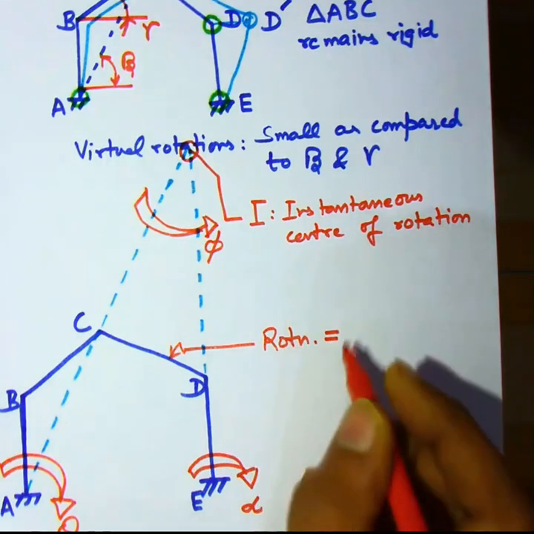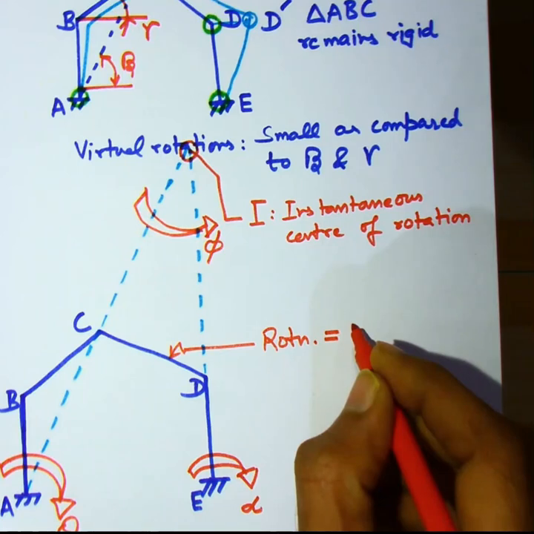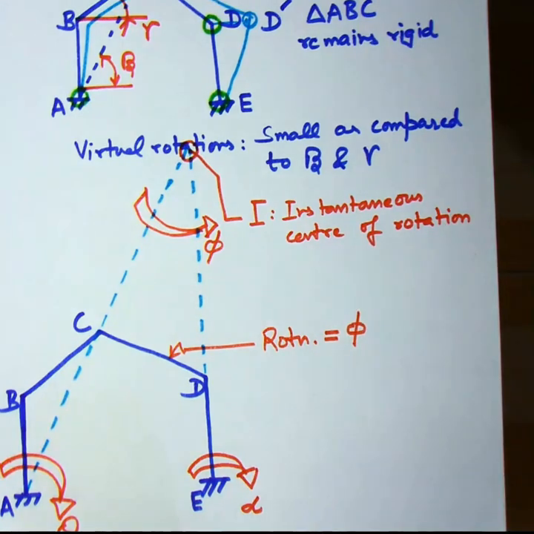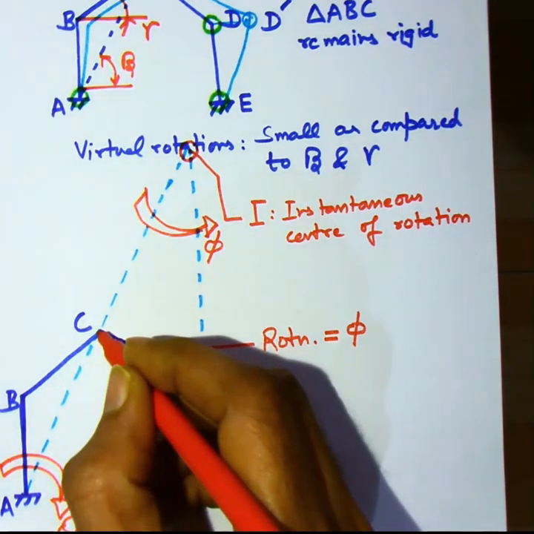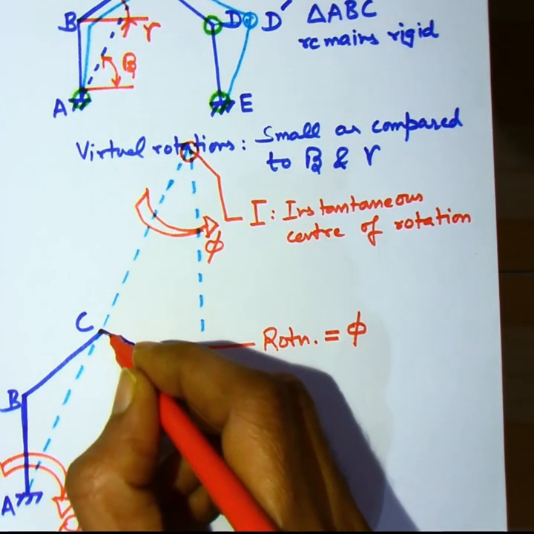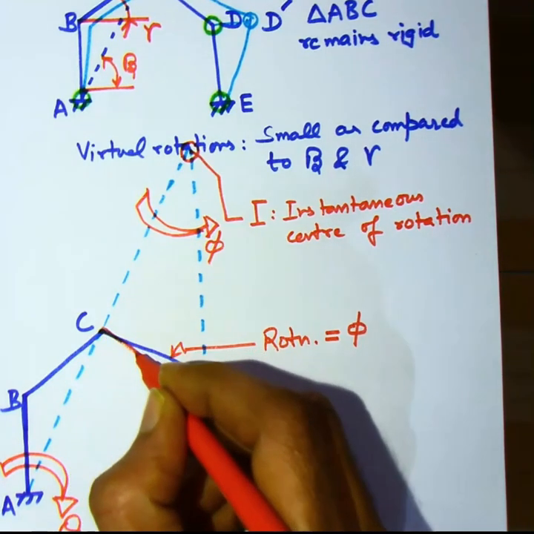While segment ABC undergoes rotation theta and ED undergoes rotation alpha, the rotation undergone by segment CD is same as phi because it's part of triangle ICD, which remains rigid.